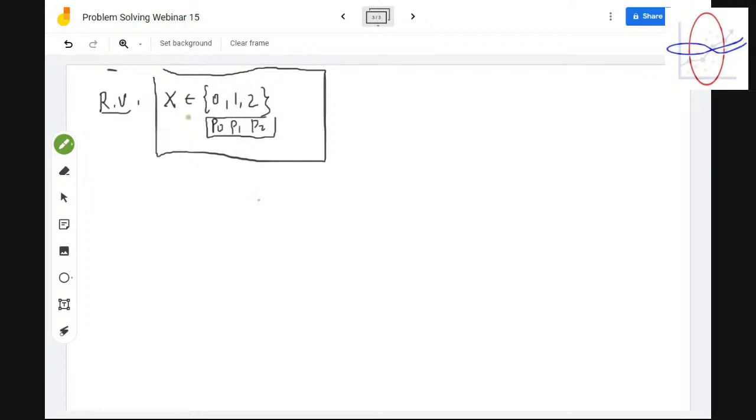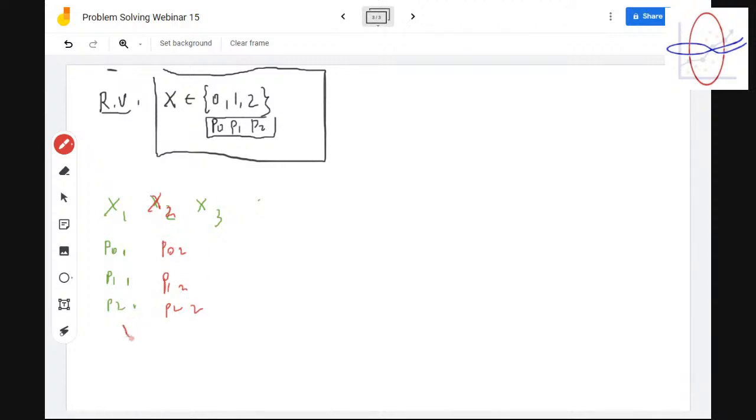What we are understanding is that at time points 1, 2, 3, 4, the different probabilities P0, P1, P2 are changing. At time point 1 they have some values, and at the next time point the probabilities change again.